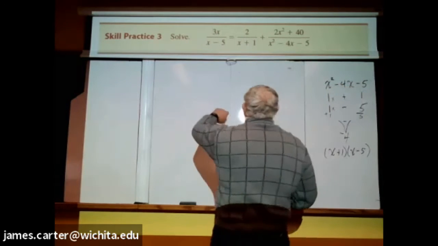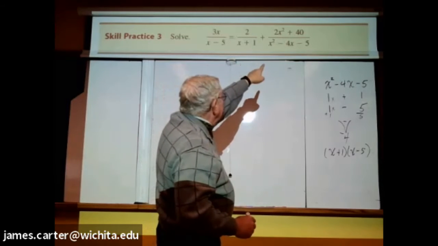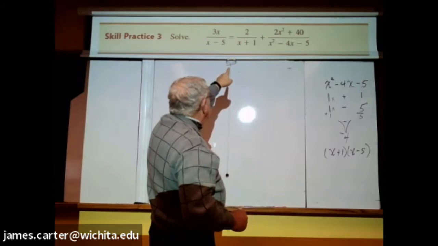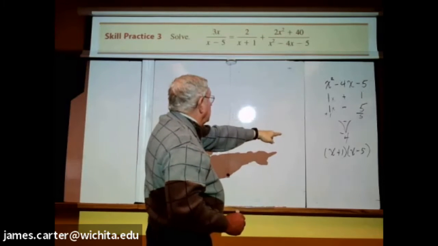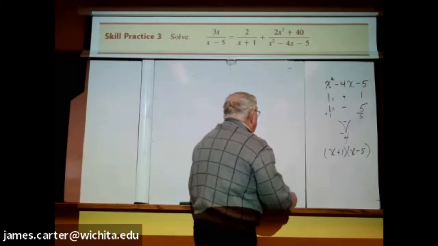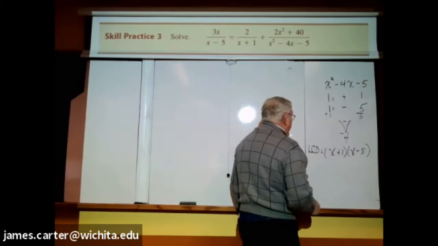So if I look at that, I've got an x minus 5 there. I've got an x minus 5 that's a component of that last element. I've got an x plus 1 there, an x plus 1. So my least common denominator then happens to be that.